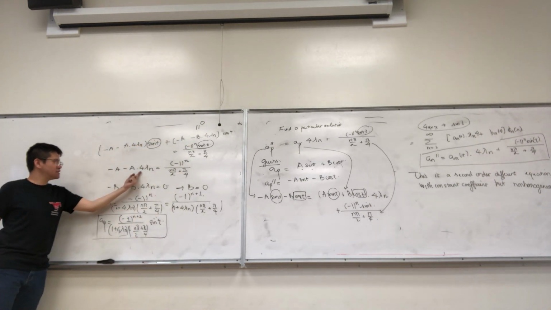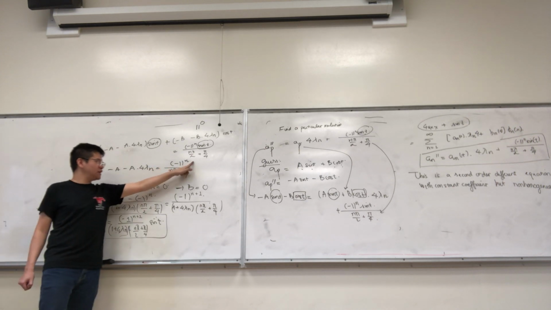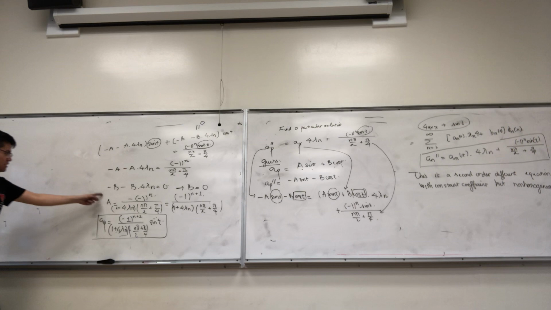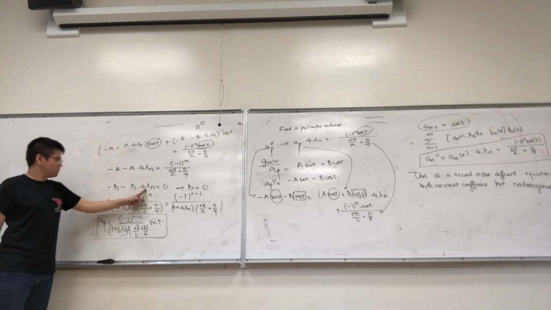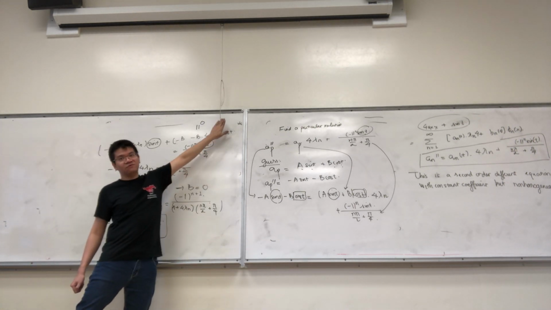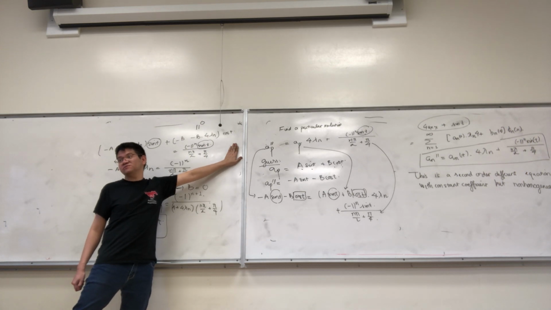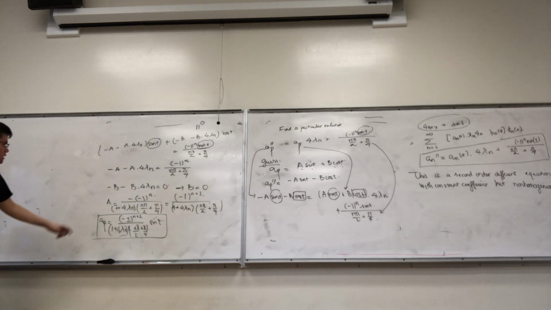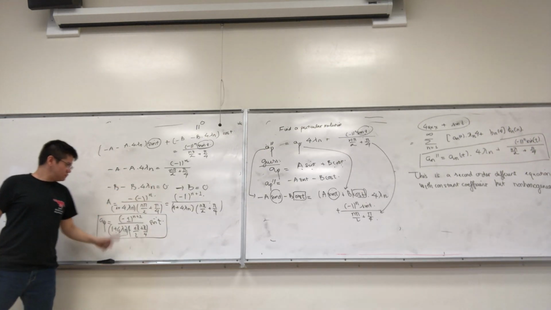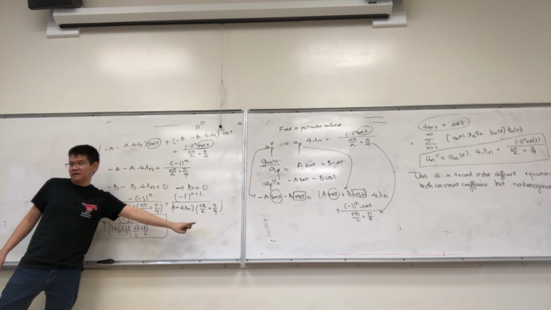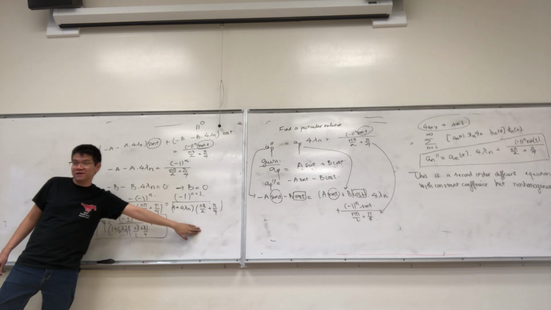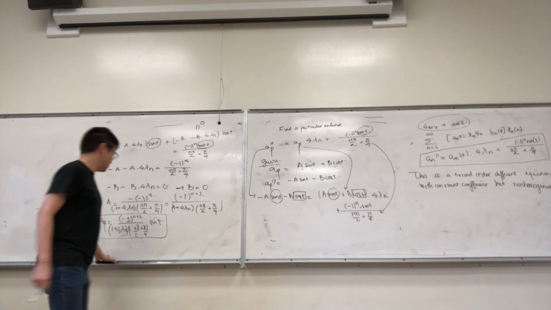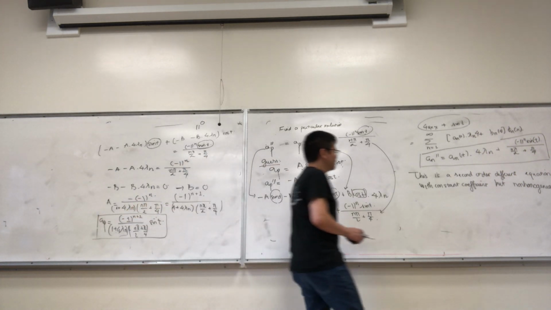So minus a times 4 lambda n is minus 1 to the n over n pi over 2 plus pi over 4. Minus b 4 lambda n has to be 0, because here you have cosine and on the right hand side you don't have cosine. So it has to be 0. In other words, b has to be 0. So you solve this one, you find a has to be of this form, which is quite complicated. So you plug it back and you find one solution. And so this is the AP that you have.